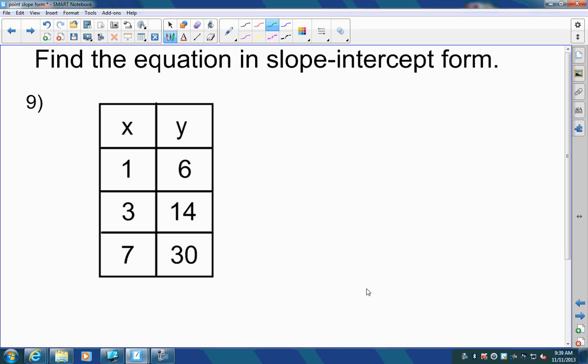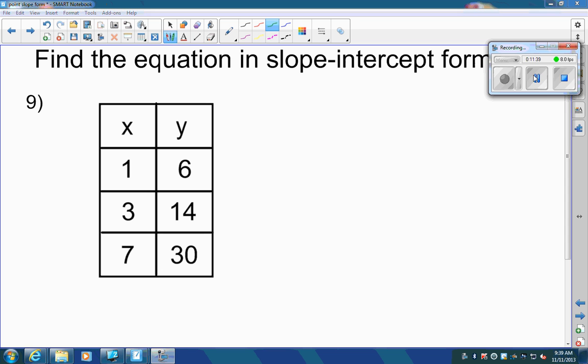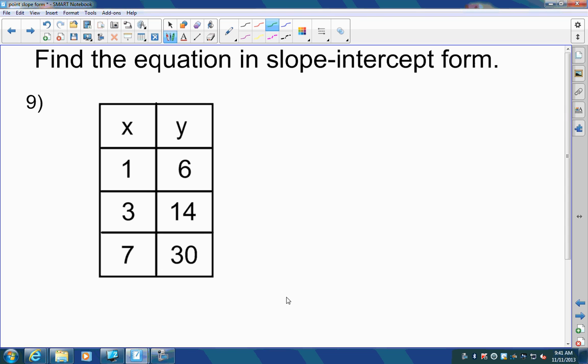All right, number 9. It's already got the table built for you. Please find the equation in slope-intercept form. First thing you're supposed to do, find delta y, the change in y. This is plus 8, and then it goes up to plus 16. Remember, you have to do your delta x's.